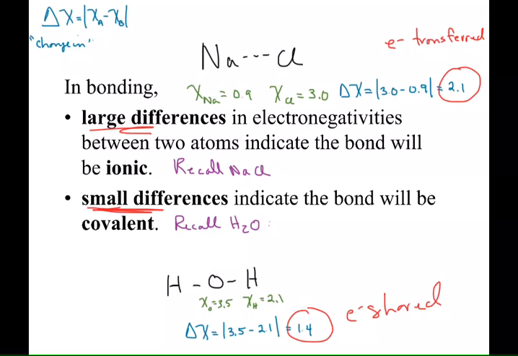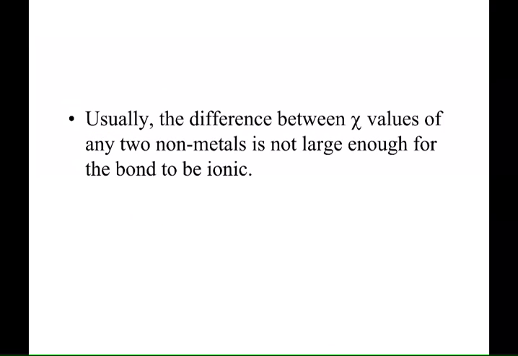So in general, we can make this statement. Usually if you have 2 nonmetals, electrons are not going to be transferred. 2 nonmetals stuck together with a chemical bond, that's going to be a covalent chemical bond. Electrons are going to be shared.